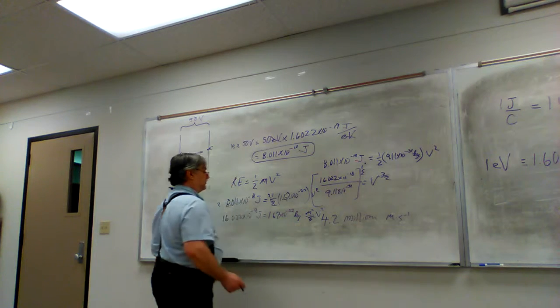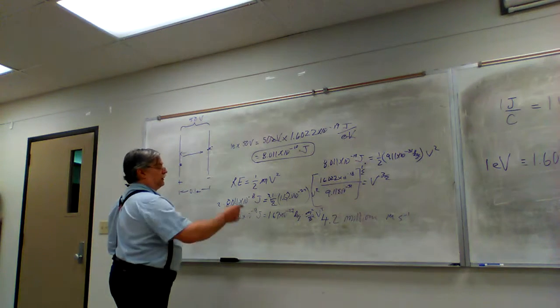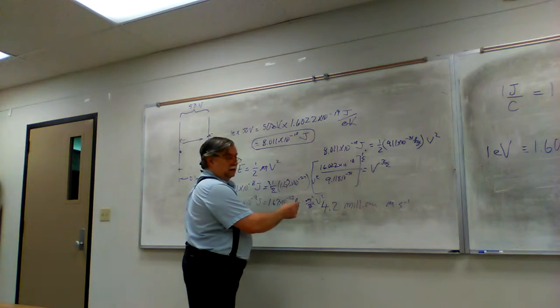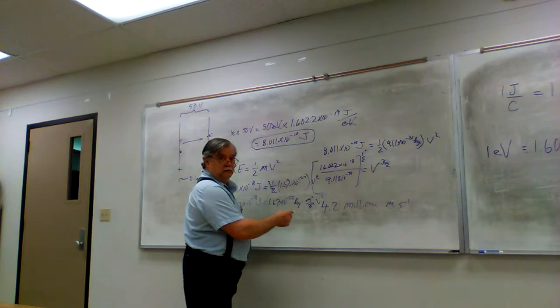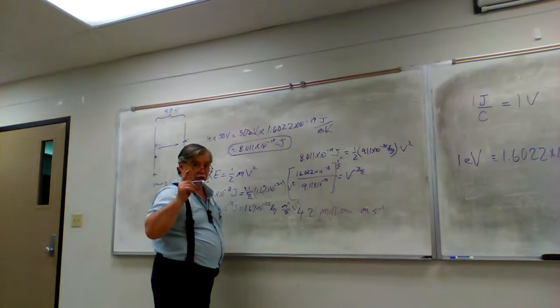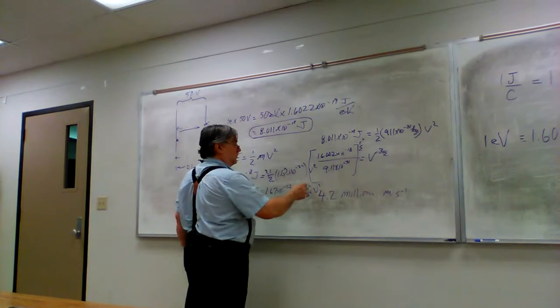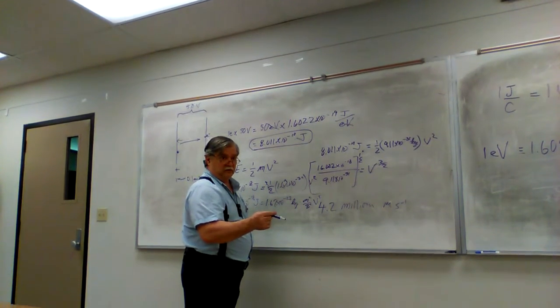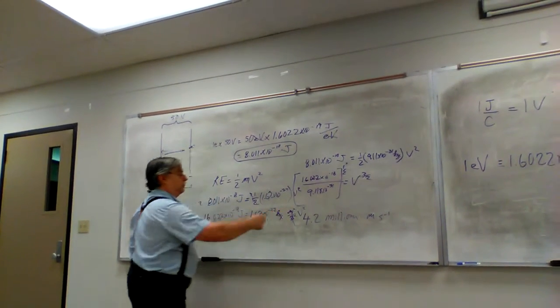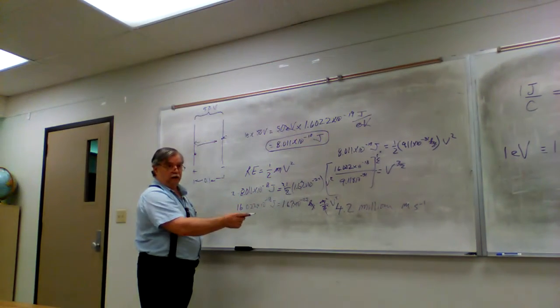Kilograms meters per second squared is what? It's a Newton times another meter, another distance. It's a joule. Just pointing out to you that the units work out here.